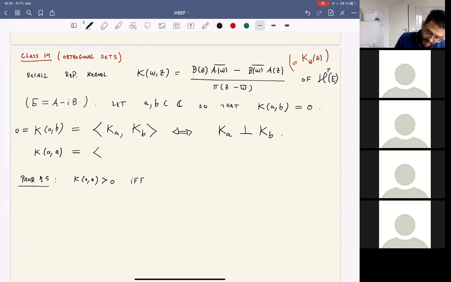K(a,a) is just the inner product of K_a with itself, so it's the norm in the de Branges space H2. And from now on, I will just put subscript 2 here, but this won't represent the L2 norm, it will represent the de Branges space norm, okay? So that 2 here will represent this.